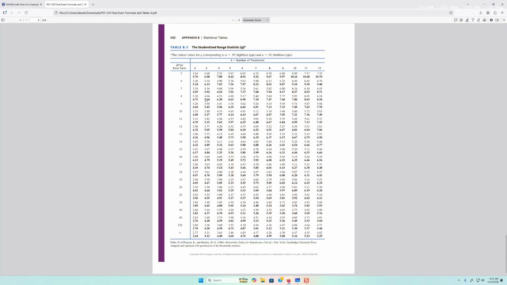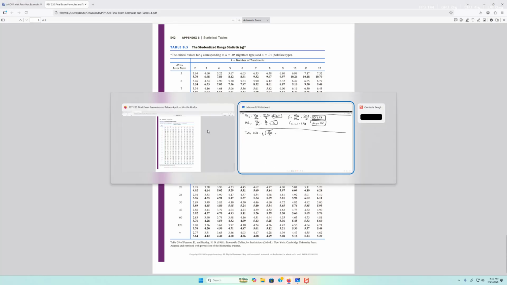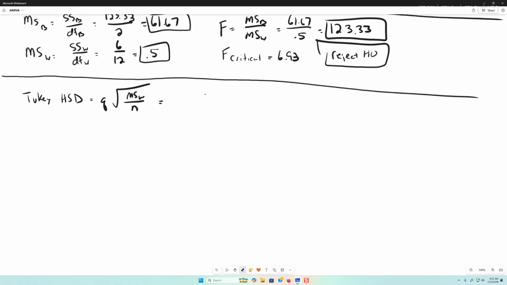So we find 3 and 12, and we get 5.05. So 5.05 for our Q. So this is 5.05 times MSW, which is 0.5, over the number of people in each group, which is 5.